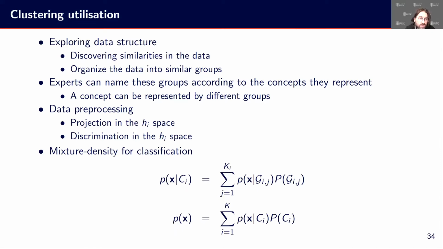And we can also use that to evaluate mixture density. We can use this in mixture models. We can use this to evaluate the distribution of classes made of several groups somehow. So this will be done that way.